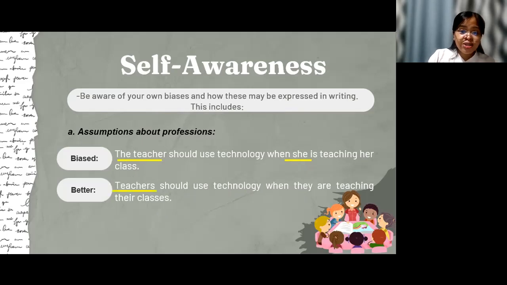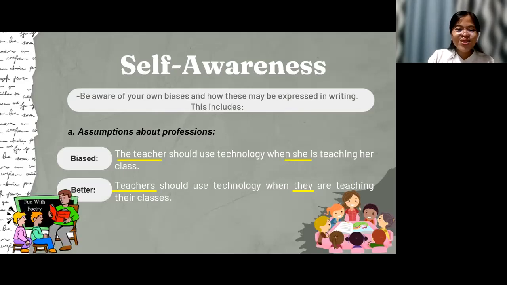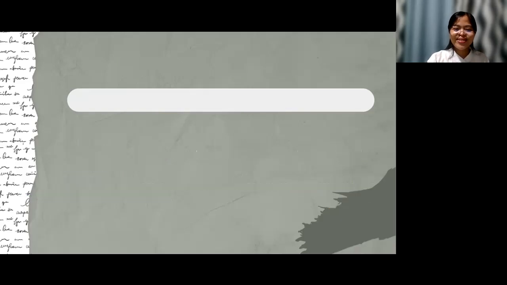So in order to make it better, we use they instead of she. All right. And I also use here a photo of a male teacher teaching the students. Of course, we should be gender sensitive. All right, let's move on.